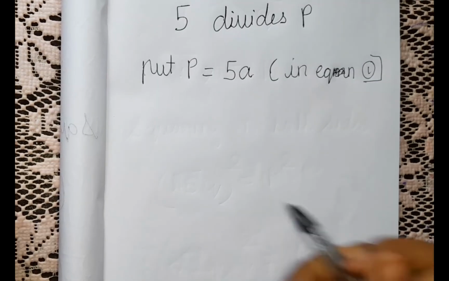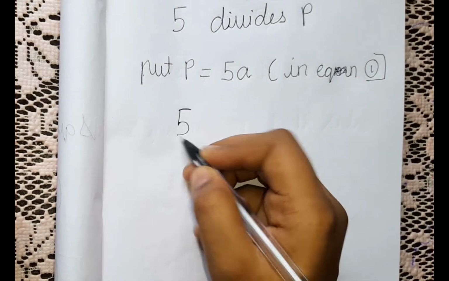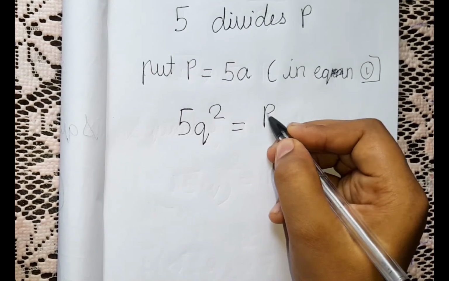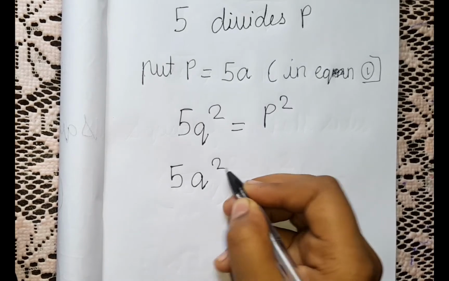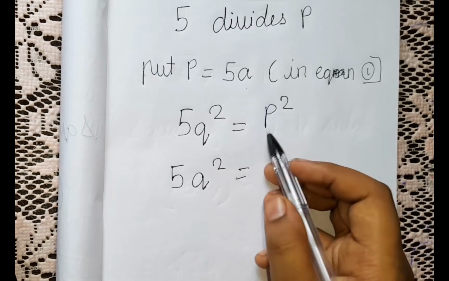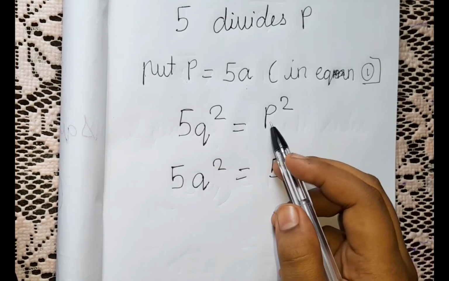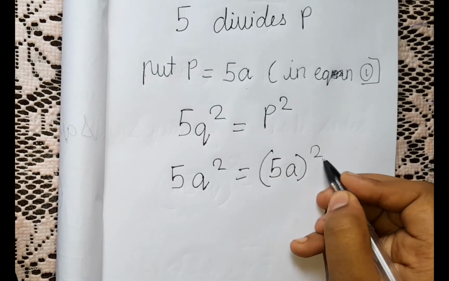Now let's write this form. The equation 1 is 5q square is equal to p square. Am I right? So now let's write 5q square. Here instead of p we should write 5a. Here it is p, so we shall write 5a, and the p has a square, so we shall write 5a the whole square.